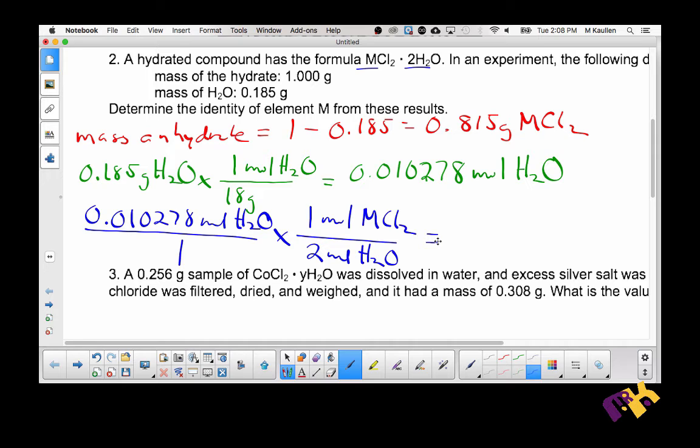And it tells me that I have 0.005139 moles of the MCl2.